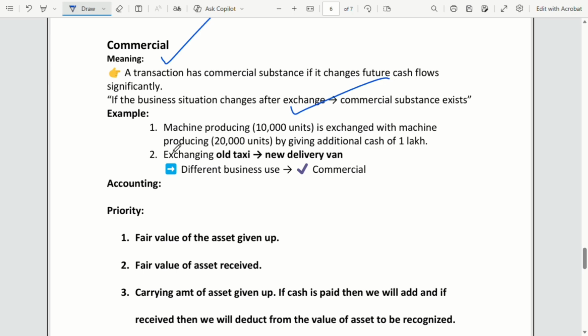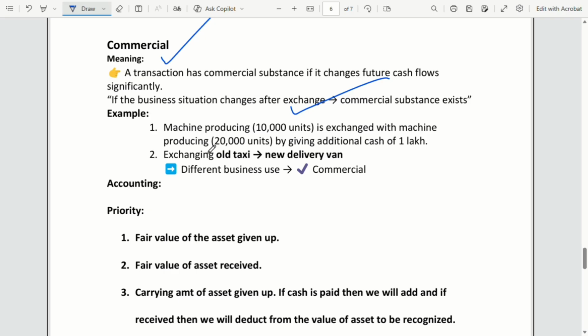Now let's take an example of a machine. I have a machine which is producing 10,000 units, and now I'm exchanging that machine with another machine which is producing 20,000 units. So now I will be able to produce 20,000 units in the same time, and this is impacting my business and also the cash flow.